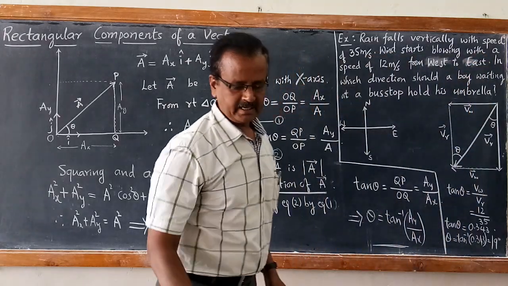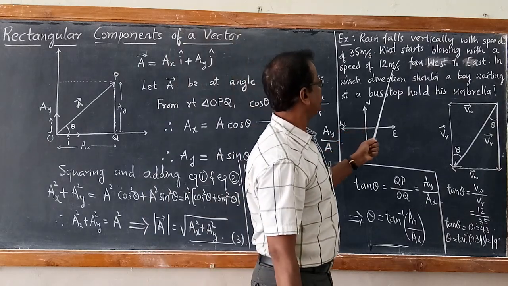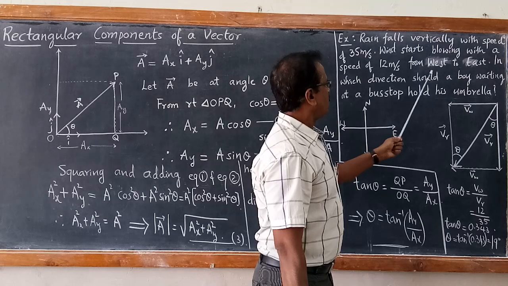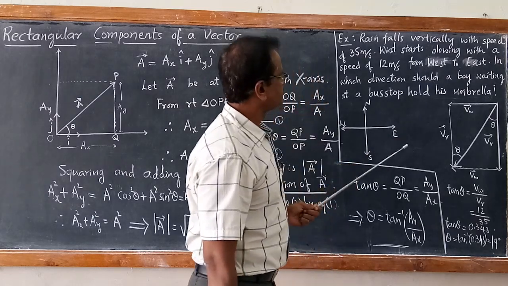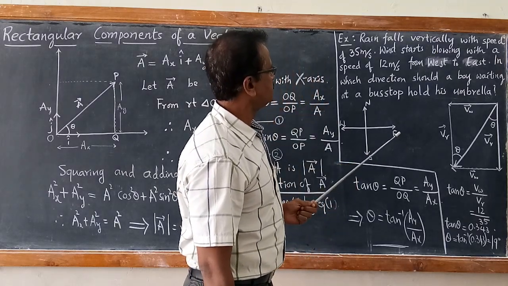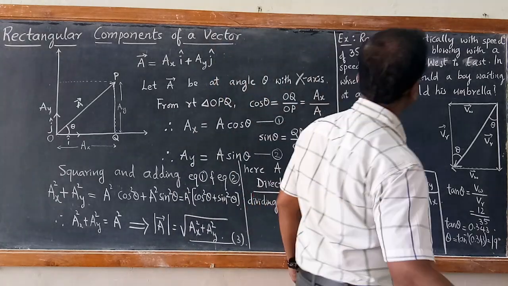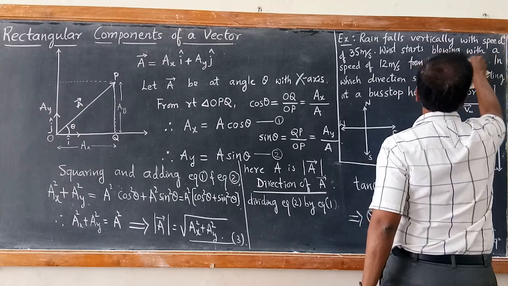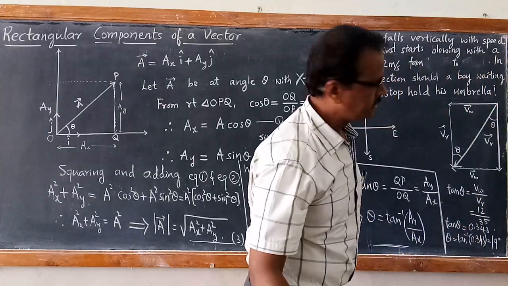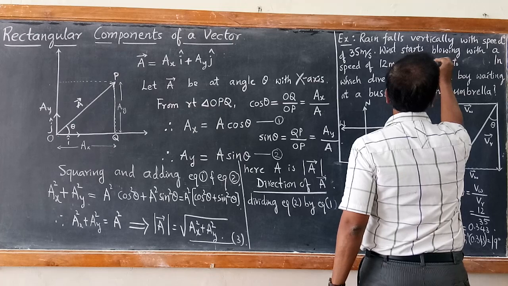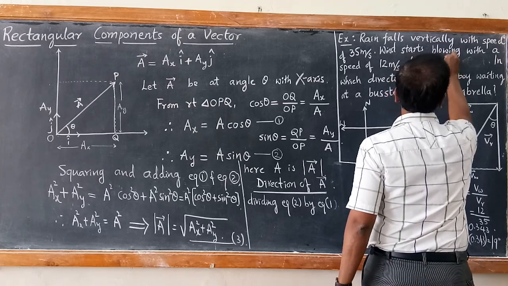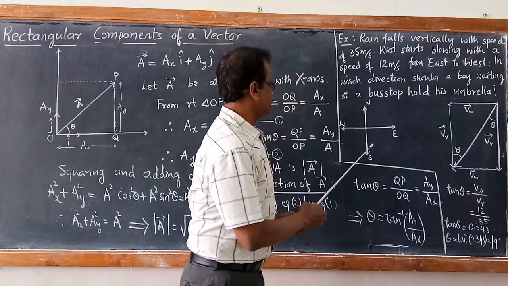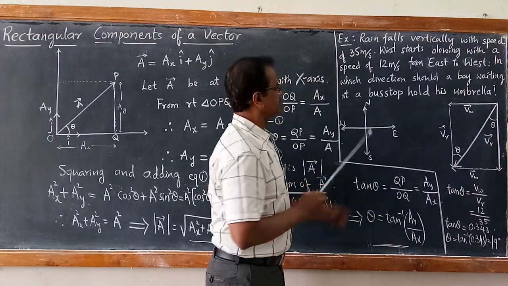Just refer to the diagram. It is from east to west. So wind is blowing from east to west with 12 meters per second.